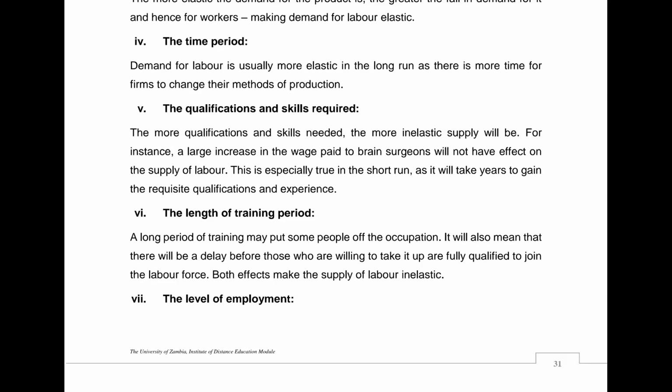It will also mean that there will be a delay before those who are willing to take up the occupation are fully qualified to join the labor force. Both effects make the supply of labor inelastic.